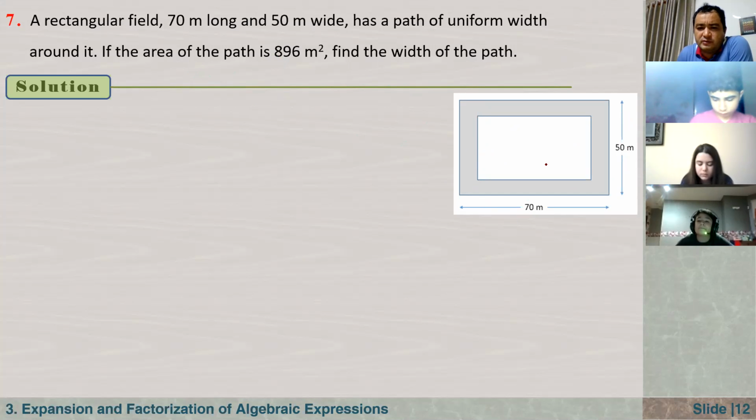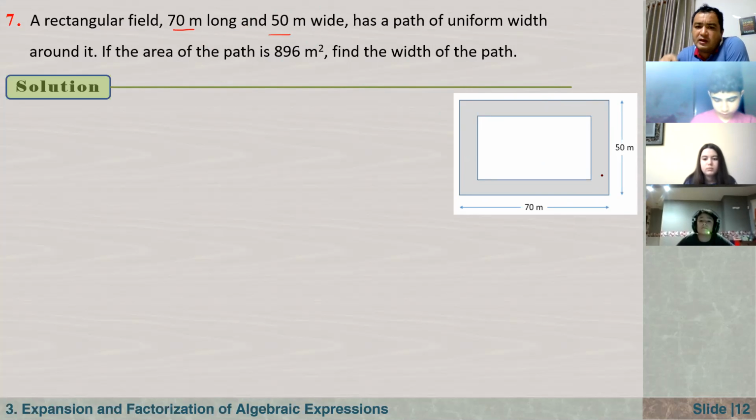Actually, in this question, this figure was not given. But a lot of times when I ask this question to the students, they get confused because they think that the area of this 70 meters by 50 meters is again surrounded by the path. It is not like that. We have a piece of land in rectangular shape, its length is 70 meters, width is 50 meters. So that is our land.